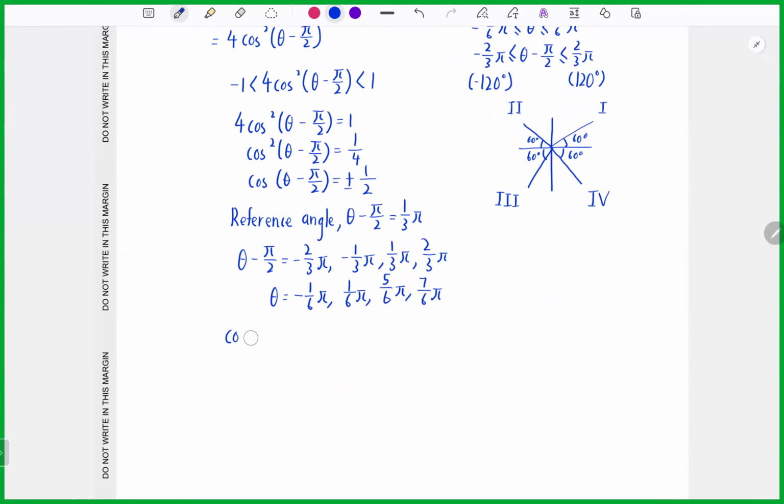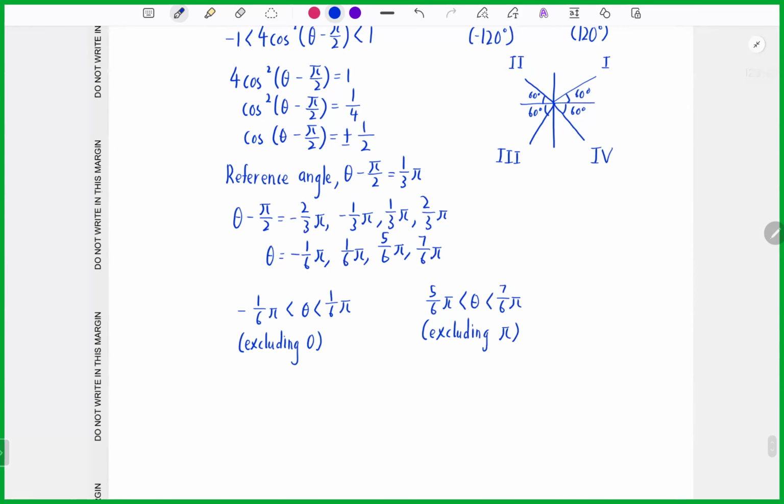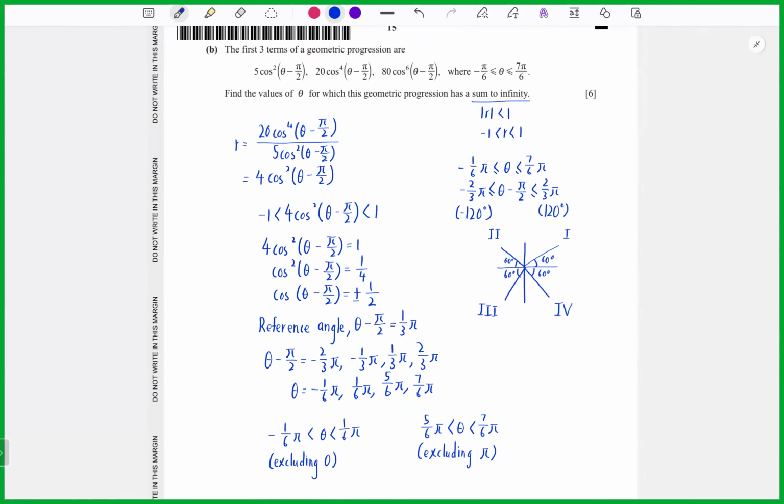Wait a minute, I try thinking first. So your final answer is theta equals negative 1 over 6 pi, theta equals 1 over 6 pi here, this is excluding 0. And then the last is theta equals 5 over 6 pi, theta equals 7 over 6 pi, excluding pi here. Wait a minute, I need to check my final answer first.